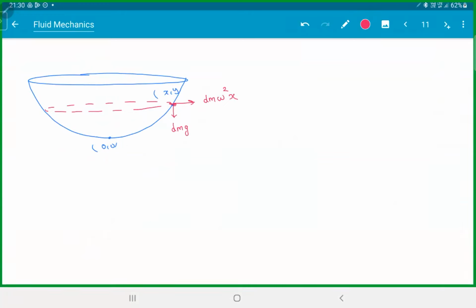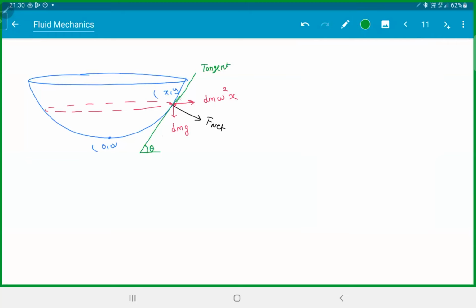Everyone agrees it is going in a circle. So what is the net force? This is F net, no? So your surface should be perpendicular to this. So this is the tangent, no? I hope you are getting it? The tangent to the liquid surface should be perpendicular to the net force, and this is theta.